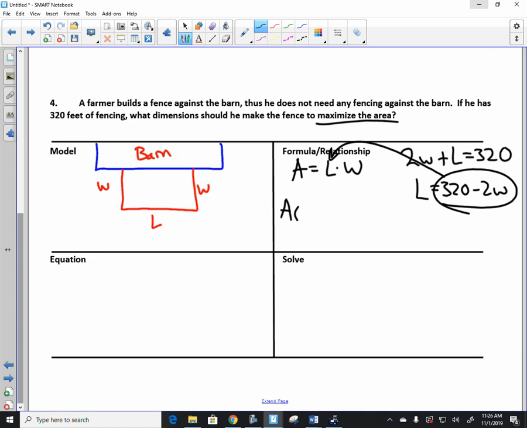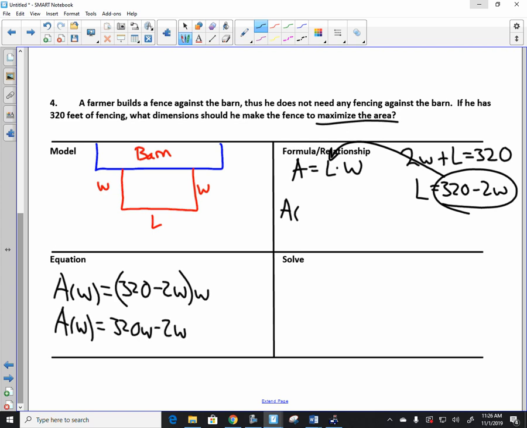So area in terms of width is equal to 320 minus 2W times W. Or area in terms of W is 320W minus 2W squared.